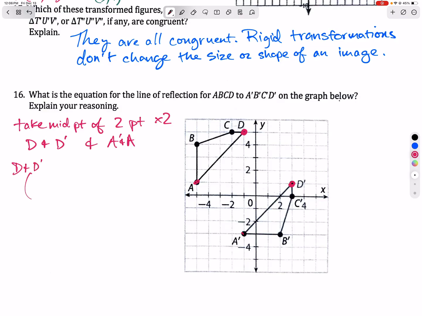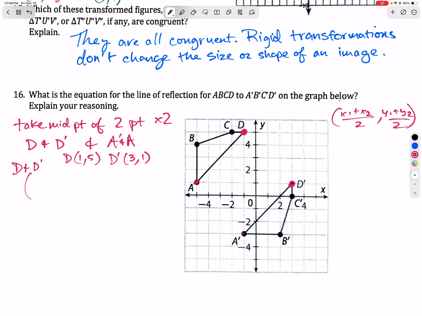So the midpoint formula was x1 plus x2 over 2, and then y1 plus y2 over 2. So the original D is 1, 5. And D prime is 3, 1.